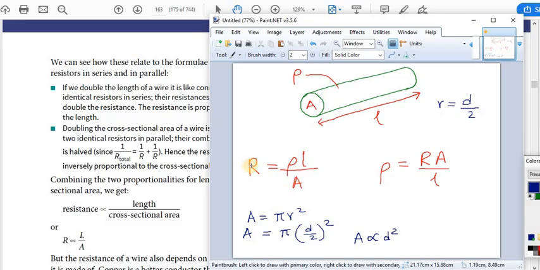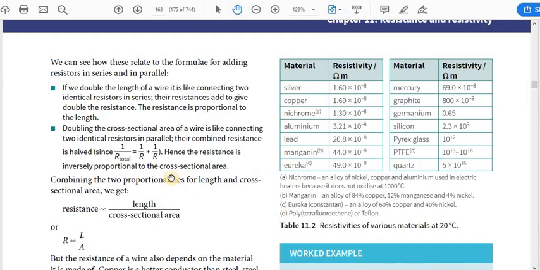In other words, the resistance of the new wire will be a quarter of the resistance of the original wire. So when the diameter is doubled, the area of cross section quadruples and the resistance decreases by a factor of 4. When you do questions, you will understand this.